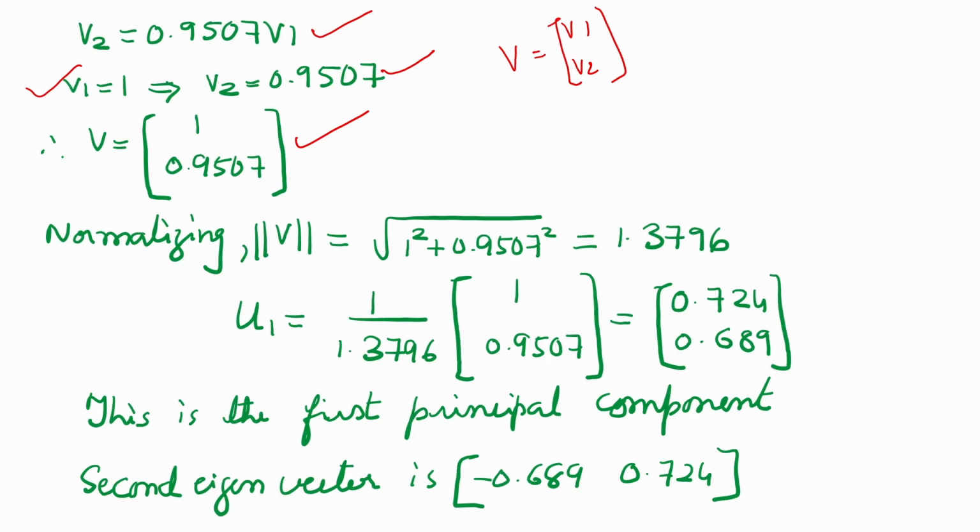Once you get this eigenvector, ideally you need to normalize it to make the magnitude 1.